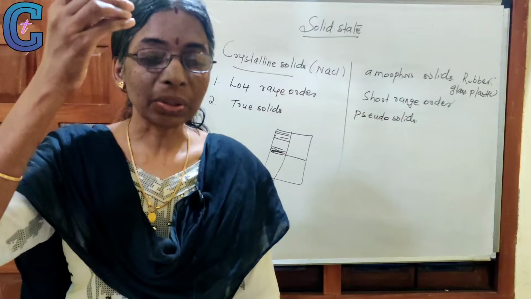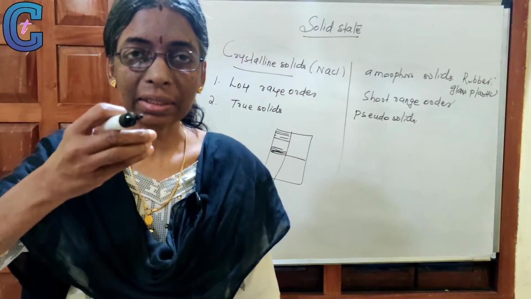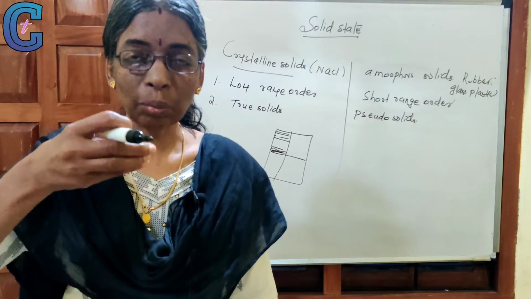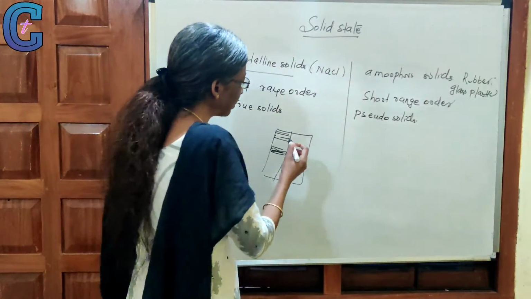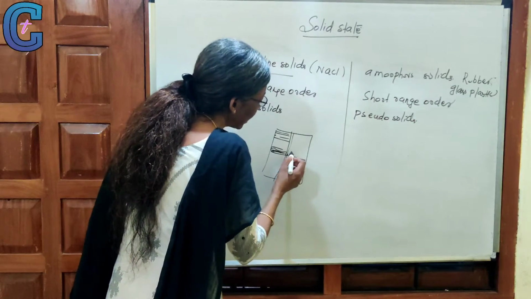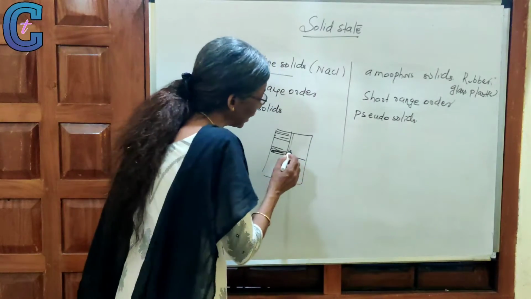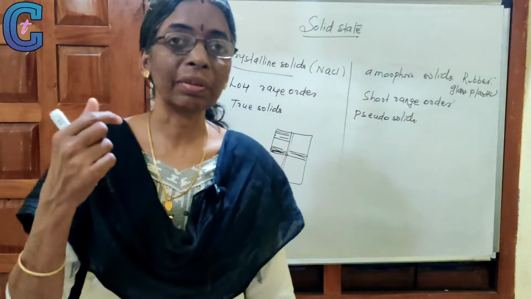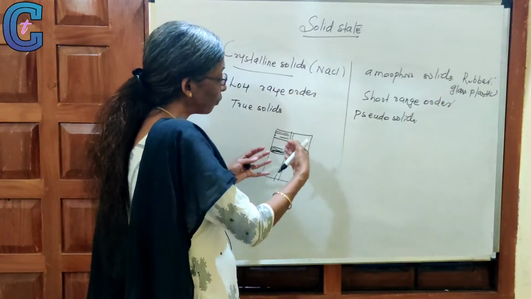The top is a very thin sheet, while the bottom of the glass in the window pane is much thicker, because they flow.